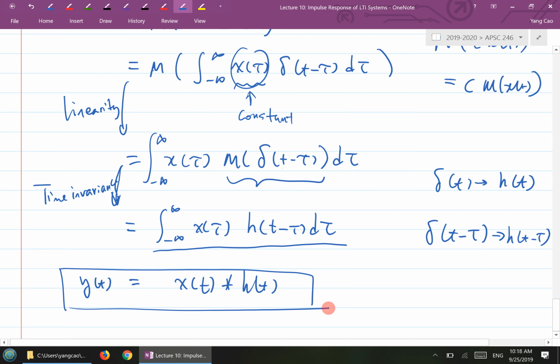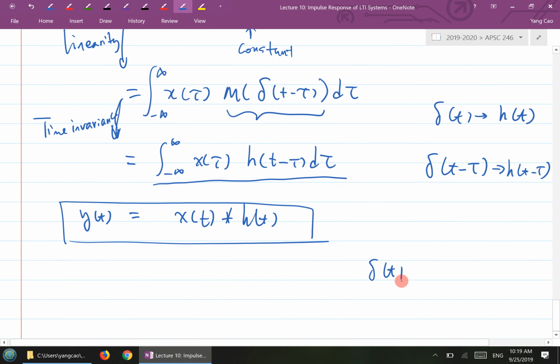Okay. Now to answer a couple of questions before we move on to the next lecture on Friday. I asked the question: what would be a physical example of an impulse input? We all know that the impulse input is delta of t. You have an impulse here, and mathematically it's infinite here.